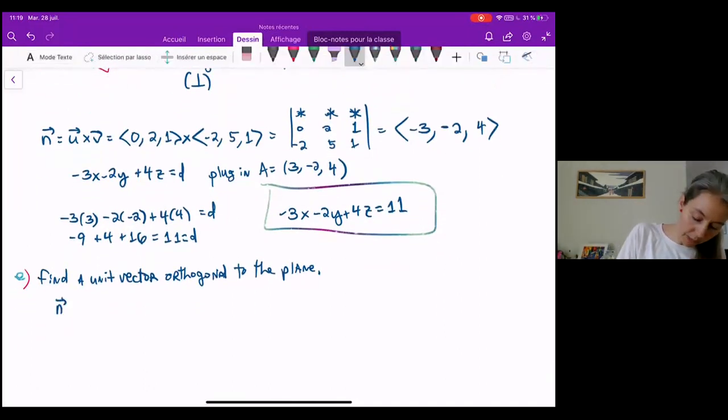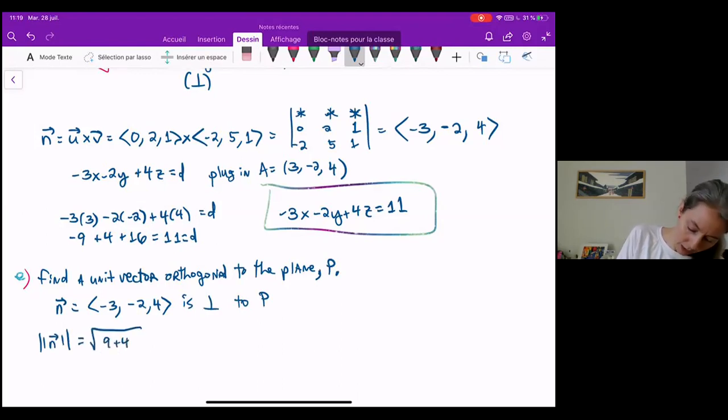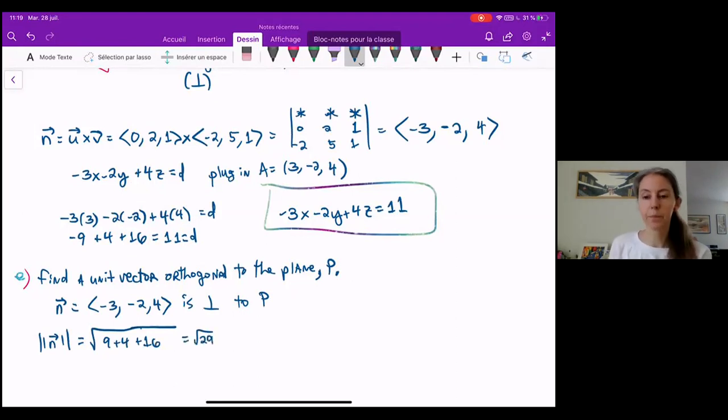So n is equal to -3, -2, 4 is orthogonal to P. So now I just need to make this a unit vector. So to make this a unit vector, first we find the magnitude. And that gives me the square root of 29.